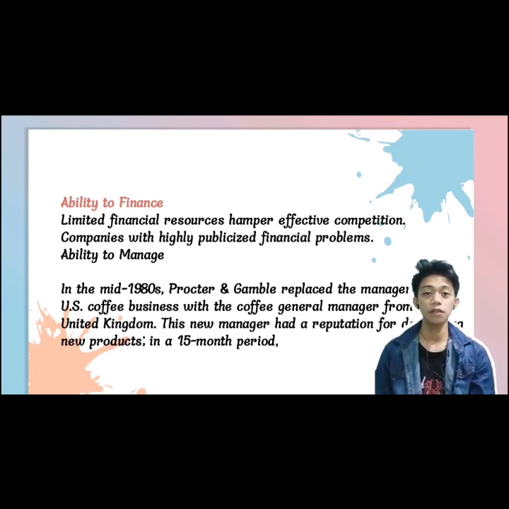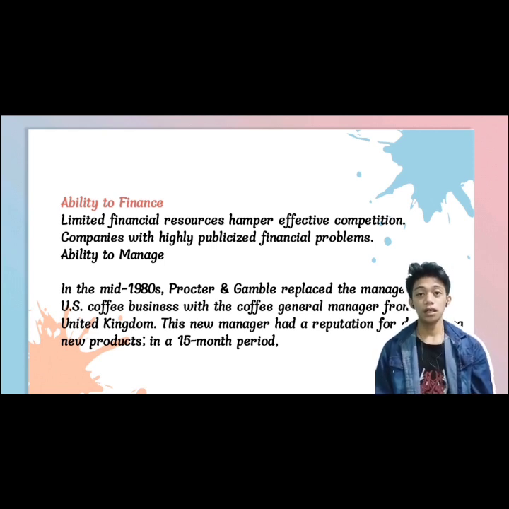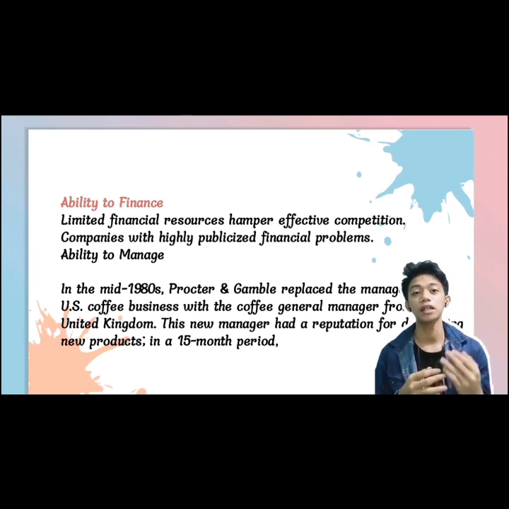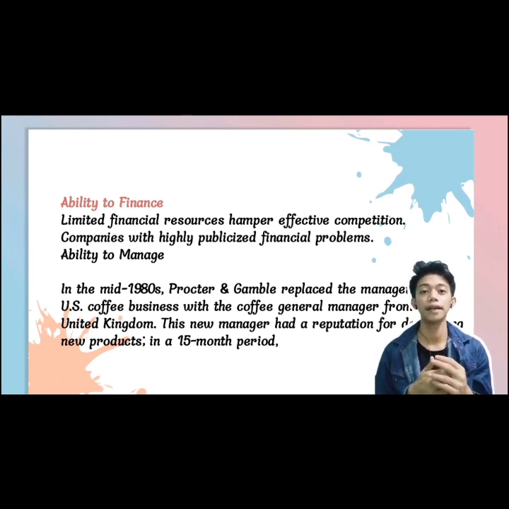In the mid-1980s, Procter and Gamble replaced the manager of the U.S. coffee business. The new general manager from the United Kingdom had a reputation for developing new products in a 15-month period.